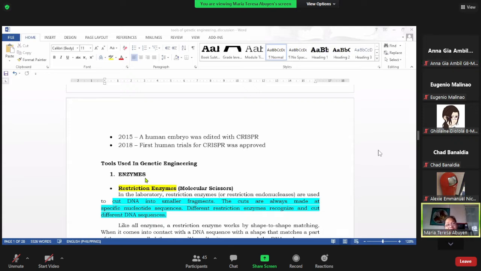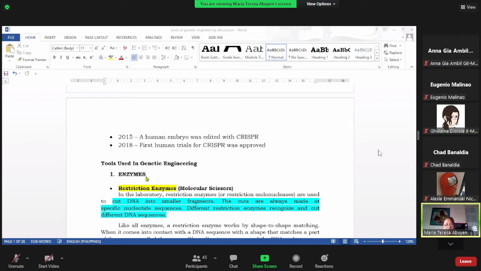So enzyme is actually a substance, a protein. Enzyme is a protein. Enzymes actually speed up or slow down any chemical reaction.